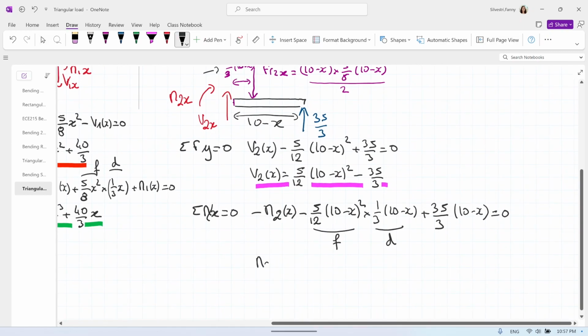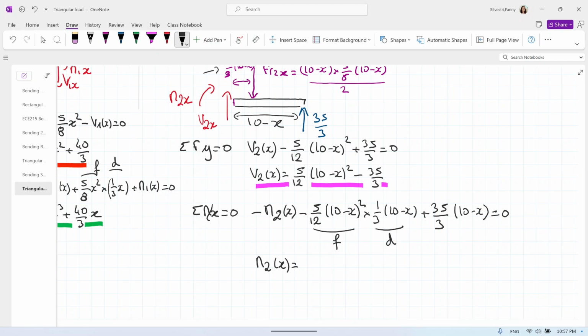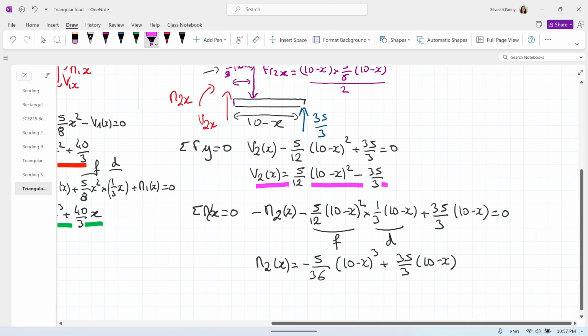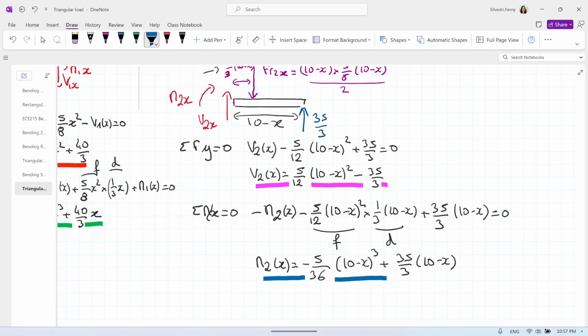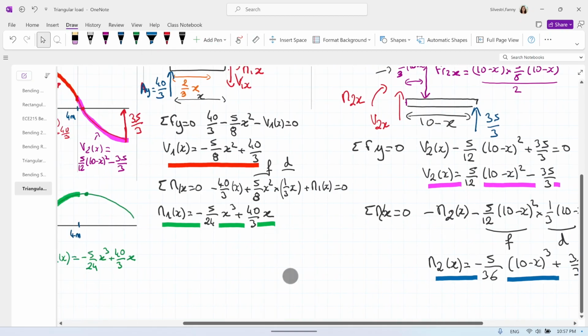So M2 of x equals minus 5 divided by 36 times (10 minus x) cubed plus 35/3 times (10 minus x). Don't develop your 10 minus x, keep it this way. It's the easiest way. So my first part of the moment was green, I will make this one blue. This one is this part of the equation.